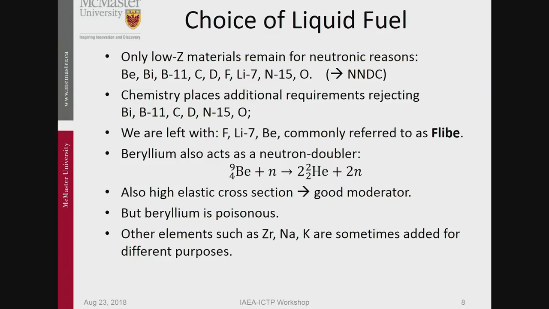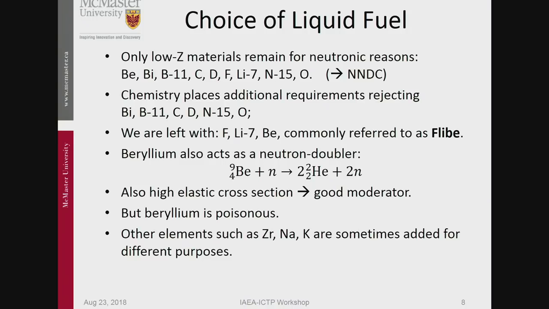Now, beryllium is interesting because it acts as a neutron doubler. So you take beryllium, shoot a neutron on it, you get 2 helium. Must be helium-4. Oh, mistake, this has to be a 4, of course.